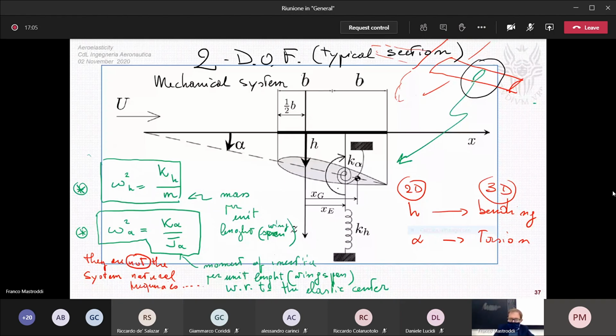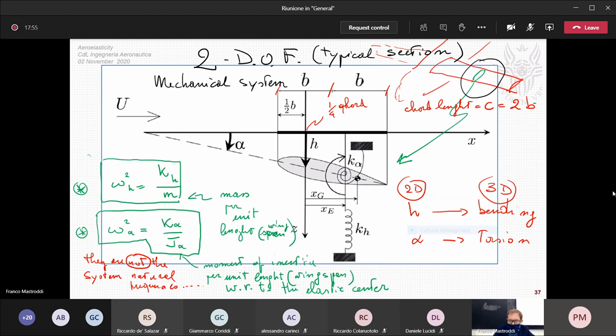Last point, we are defining as state space variables h and alpha. h is the vertical displacement of this point here, which is the quarter chord position, and the chord length is equal to c, which is equal to 2b. b is the half chord, look.